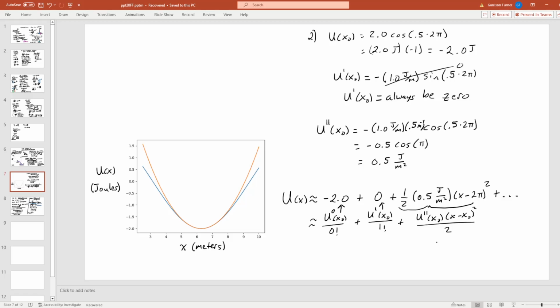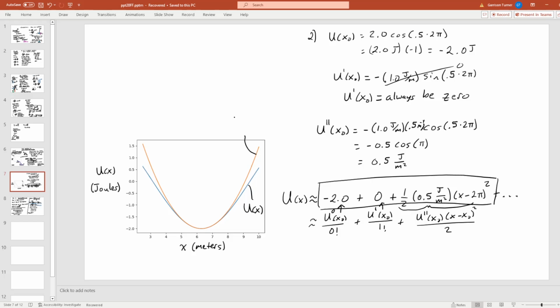And so what I've done is I've plotted this function in Python and overlaid it with the original function. This is our original u of x.